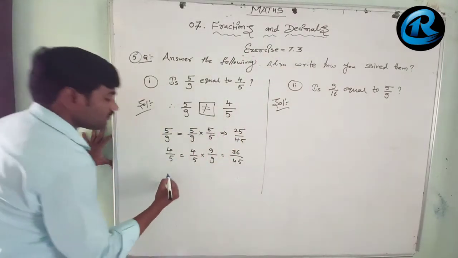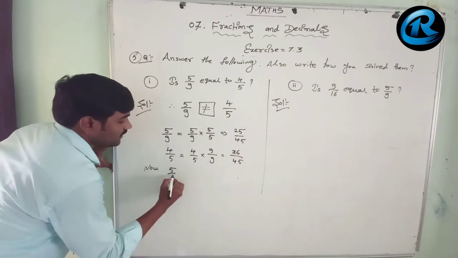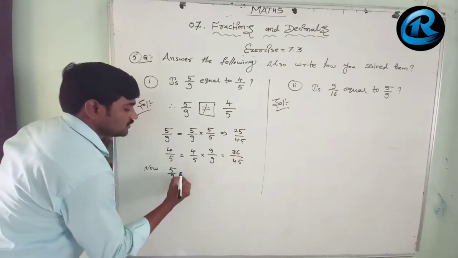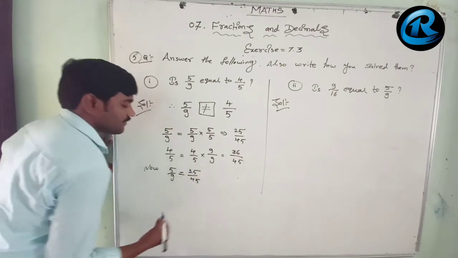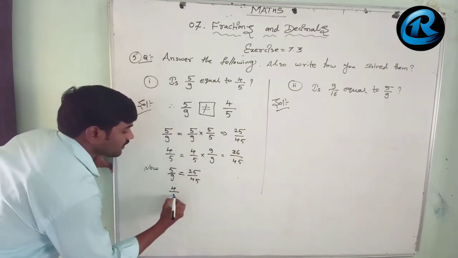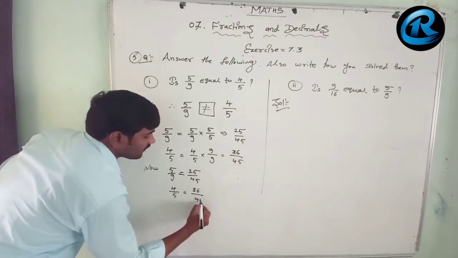See now 5/9 is equal to 25/45 and 4/5 is equal to 36/45.